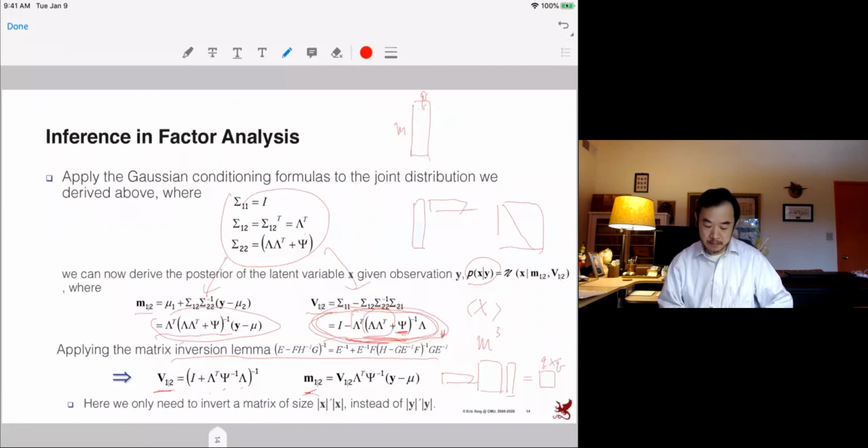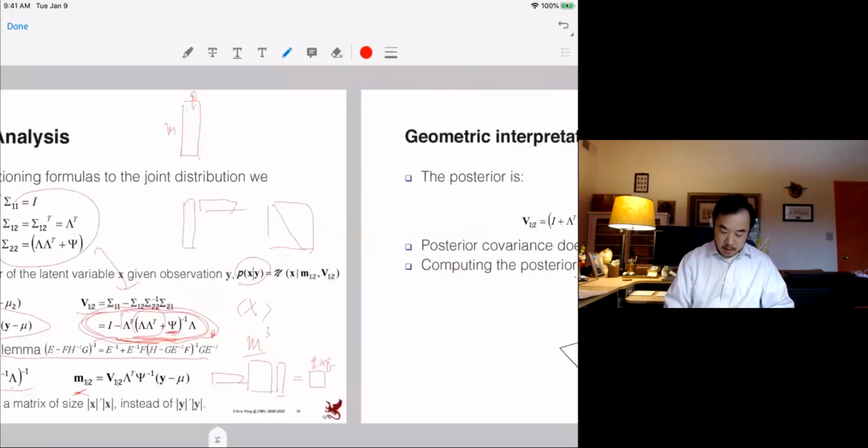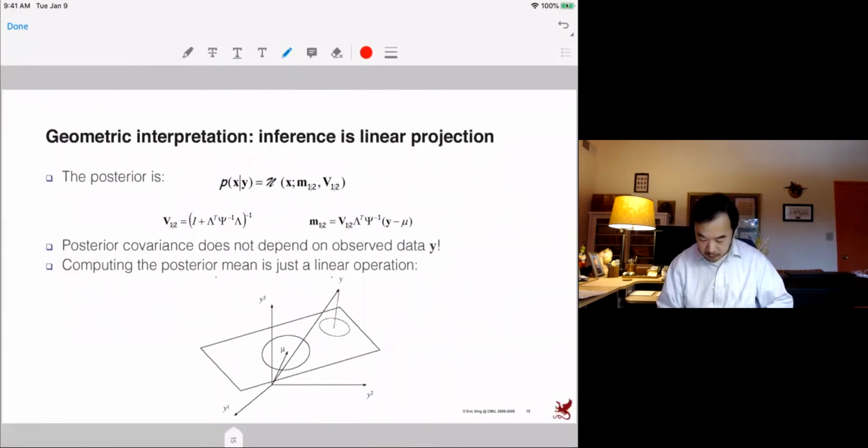Suddenly your inversion problem becomes a q cubed problem rather than an m cubed problem. Okay, I don't want to stay here for too long. It's just a mathematical trick to allow easier estimation of the conditional covariance and conditional mean. If you're interested in the algebraic magic, you can go to the office hours.